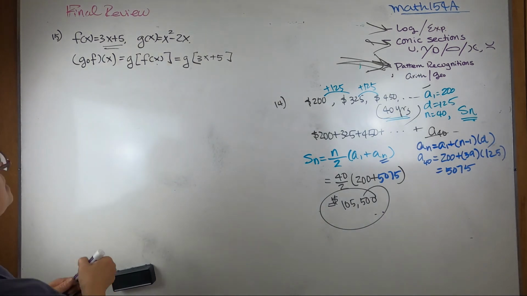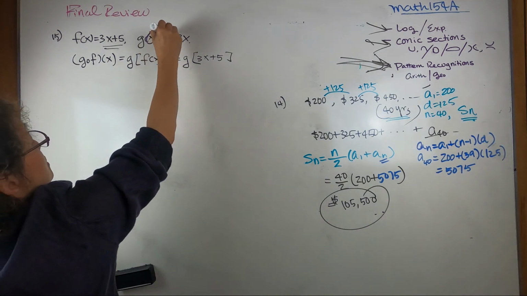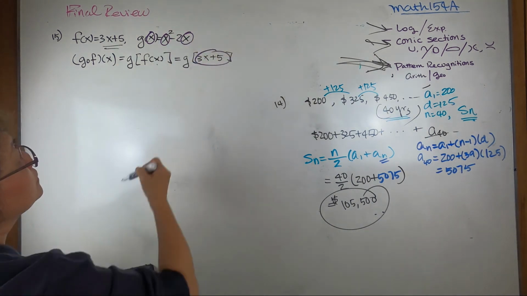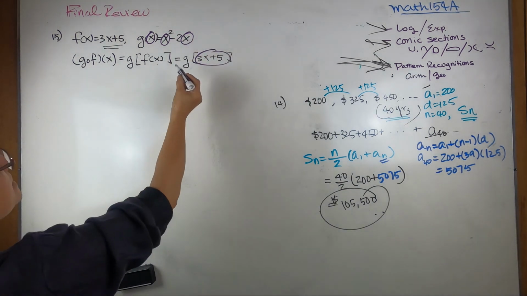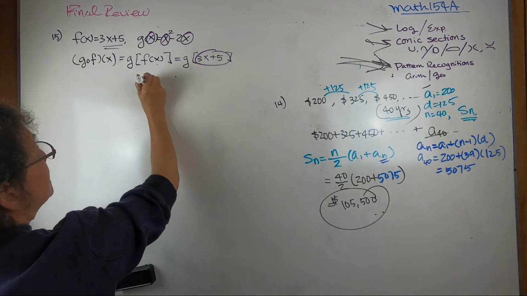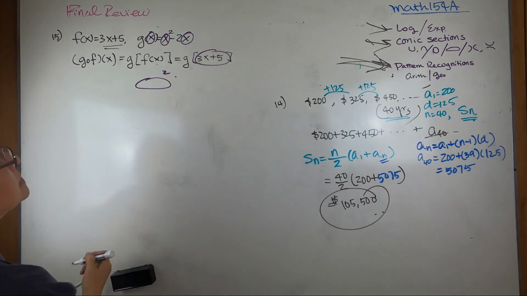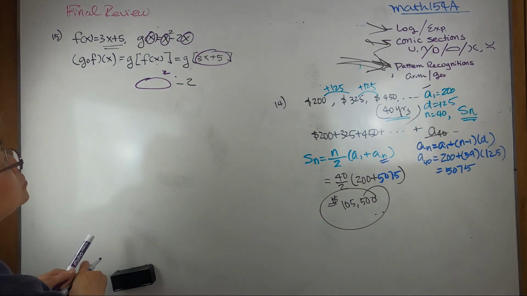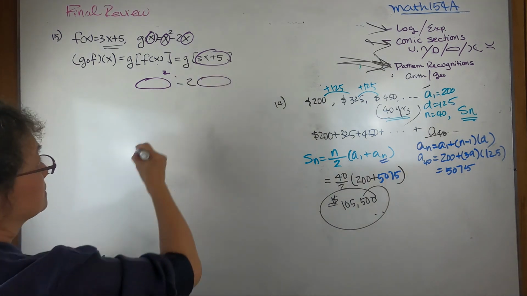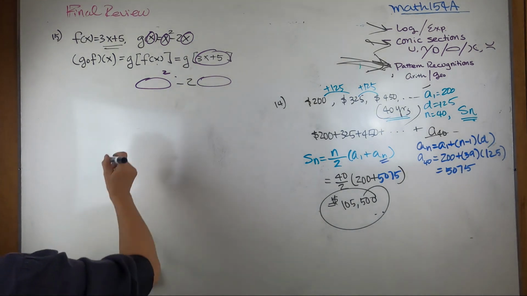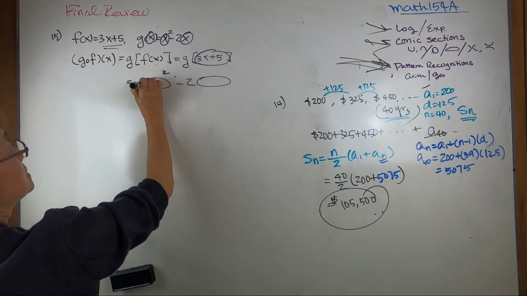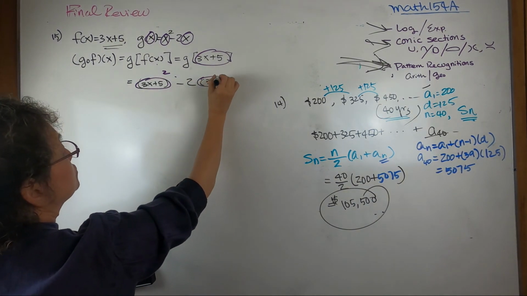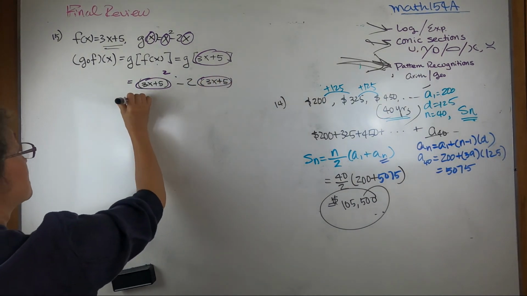For the g, it says you will square it and minus 2. That means for g, whatever you have, you square it and subtract 2 from the thing you put in. Is that right? That's how g would do. So you put in this one, and you need to do it this way.